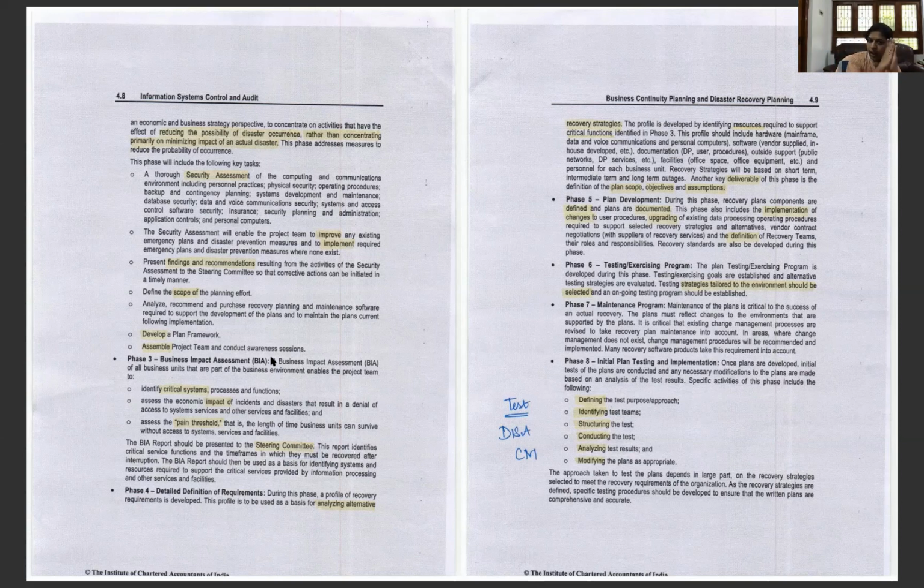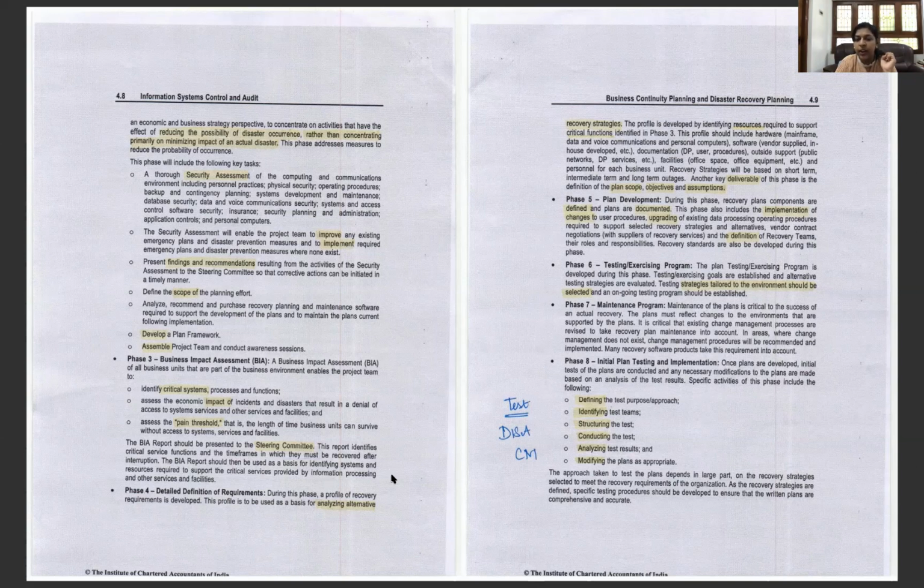Having created an idea, now we are going to put down our requirements. So next is the detailed definition of requirements. During this phase, a profile of recovery requirements is developed. This profile is used as a basis for analyzing alternative recovery strategies.